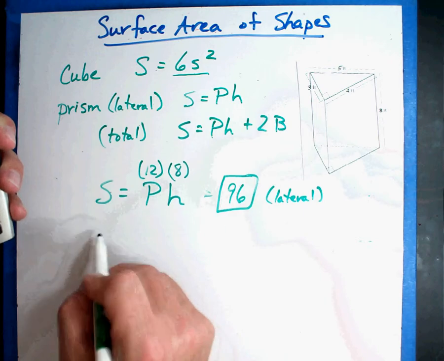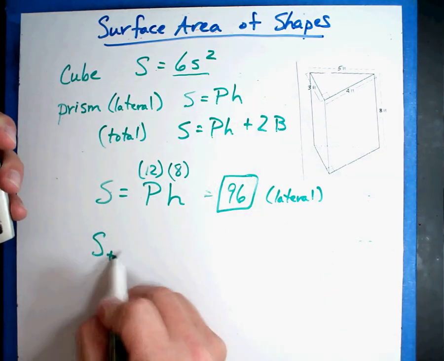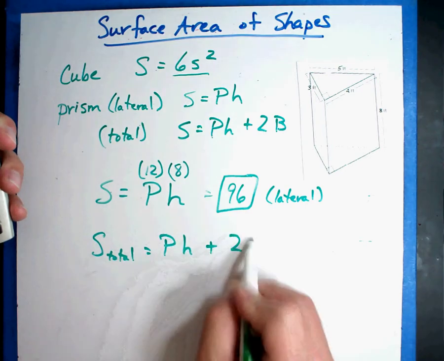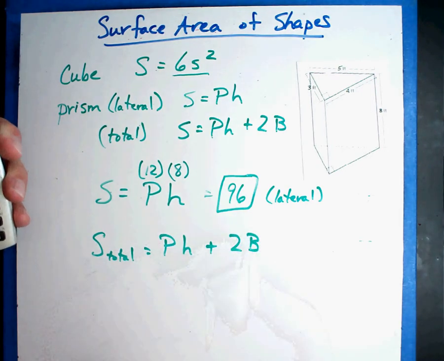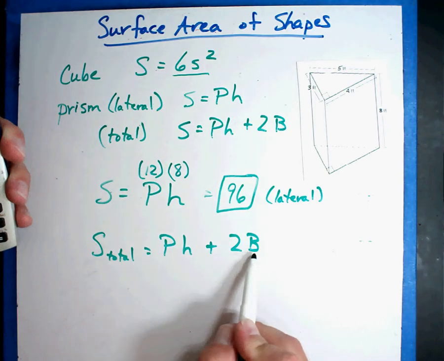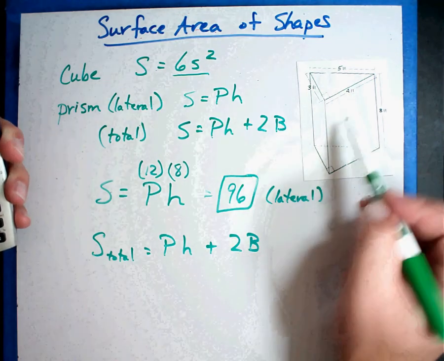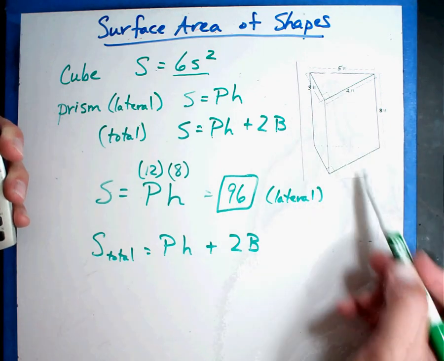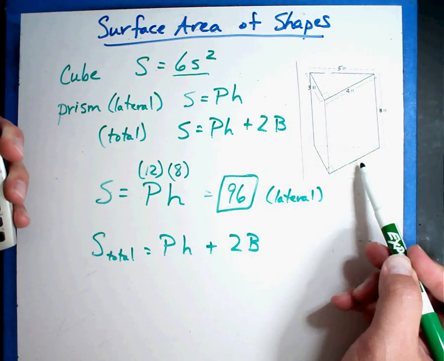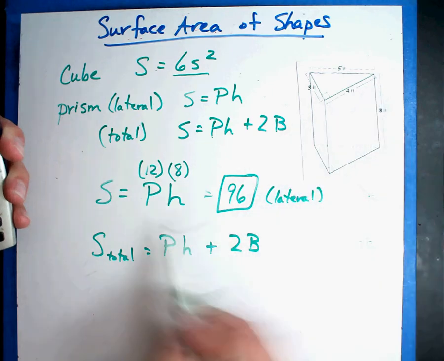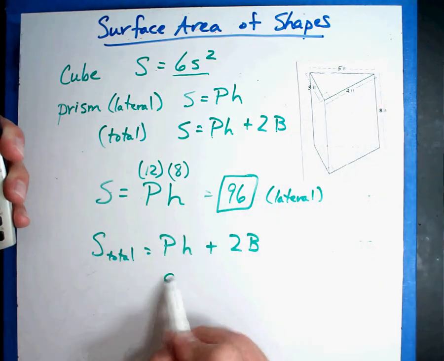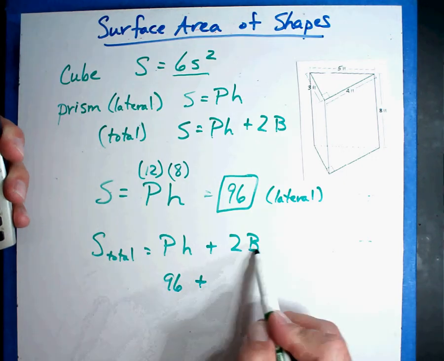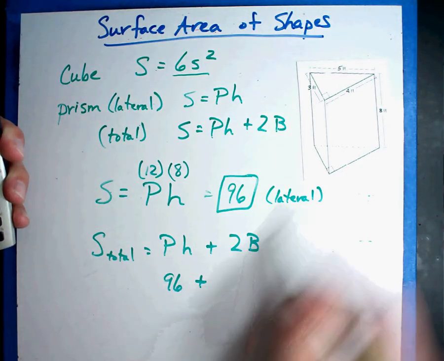But if I want to know the total, the formula looks close, but it has this 2B. And what that means is the B is the area of the base. Well, basically what that means is not just painting around the sides, you're going to paint the top and the bottom of this prism. You're going to have all of this area. So PH, we just calculated, was 96. So we're going to have to add to that. B meant the area of this triangle.